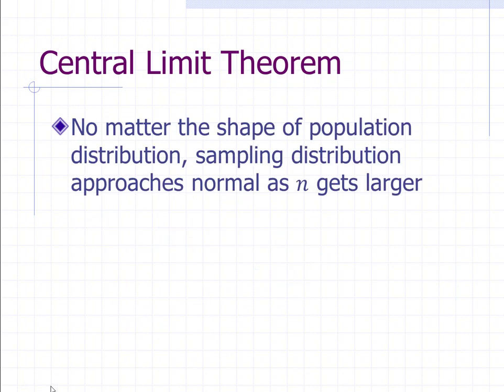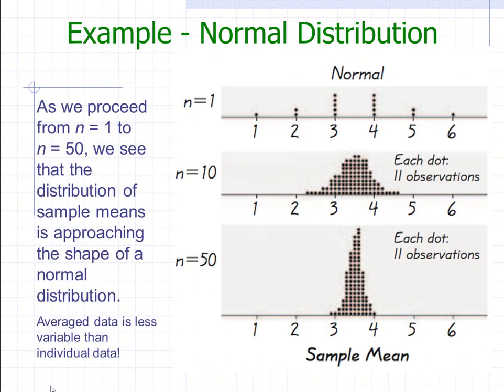No matter the shape of the population distribution, the sampling distribution approaches normal as the number in our samples gets bigger. So here we go. We've got some dot plots here, and with this first example, our population is normal. When n is 1, that's just the individual data. Now, if we take many, many samples of size 10 from that same population, look at what happens. We get a normal distribution, and notice that its spread is less than when the sample size is 1.